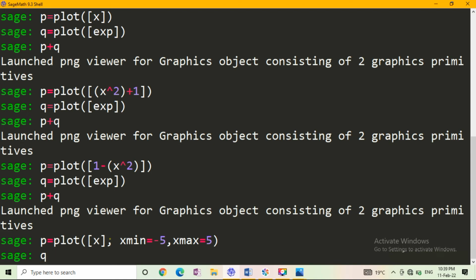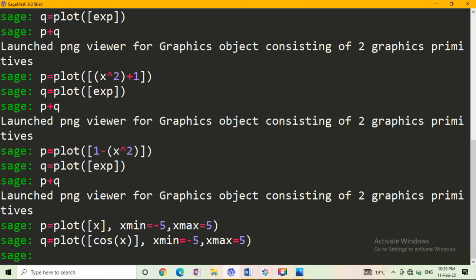Now q is equal to plot, in square brackets you write cos x, then put a comma after closing the square bracket, give a space, x min is equal to -5, x max is equal to 5, then press enter. After that you write p plus q.